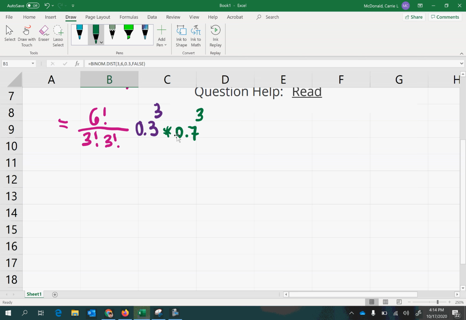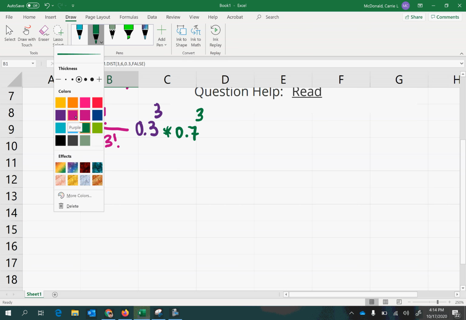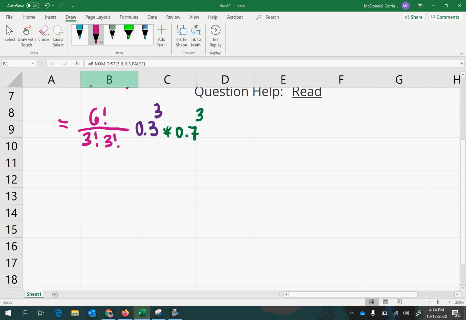Okay, so this part of it is pretty simple and straightforward. This part, we just have a little simplifying to do if we're doing it by hand. So that's 6 times 5 times 4 times 3 factorial. And then I have 2 3 factorials down here. And notice that I stopped expanding here because I wanted to have this piece cancel out with this piece.